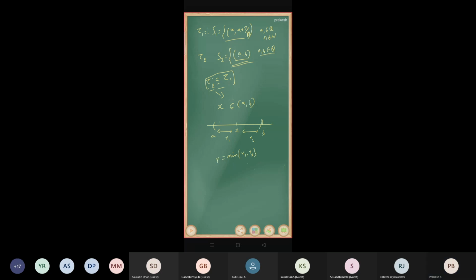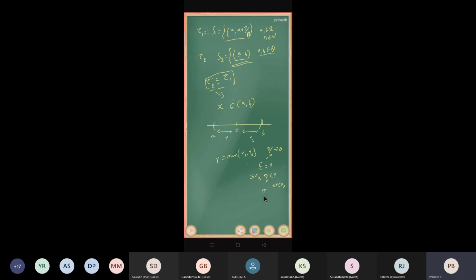And one more thing, here we have pi by n. You know that pi by n converges to 0. So for given epsilon, which I'm going to take as r, there exists n naught such that pi by n is less than epsilon, that is less than r, for all n greater than or equal to n naught.